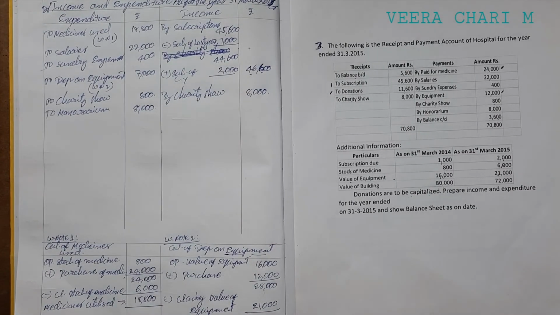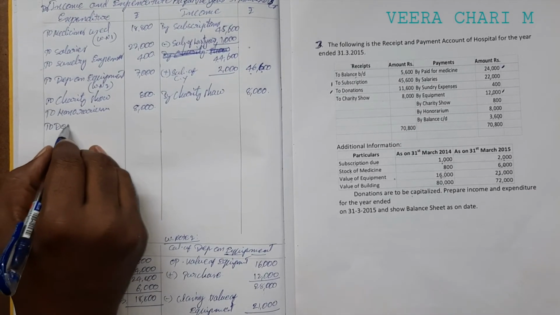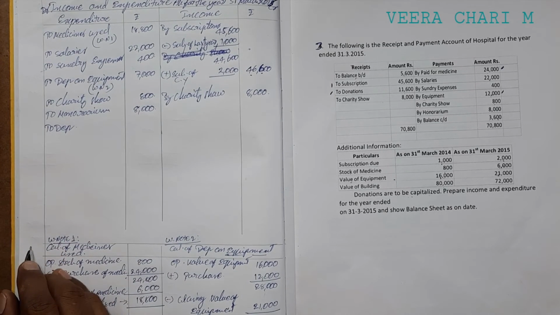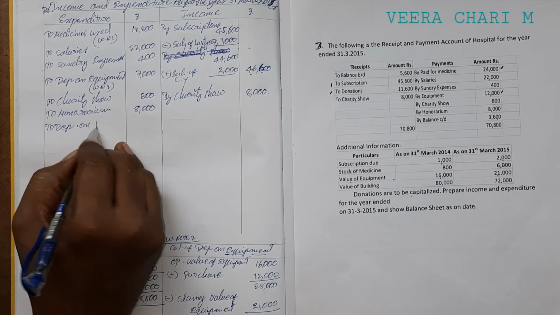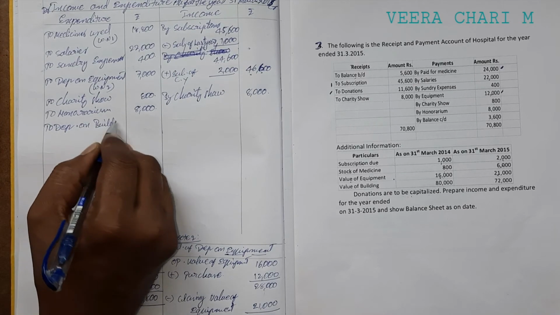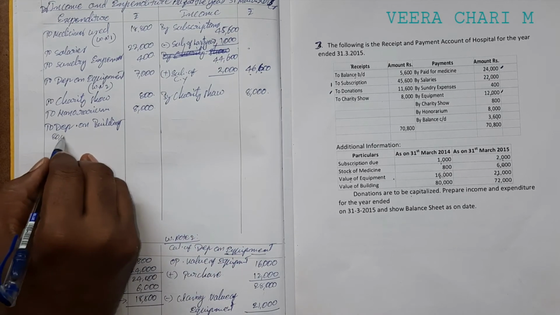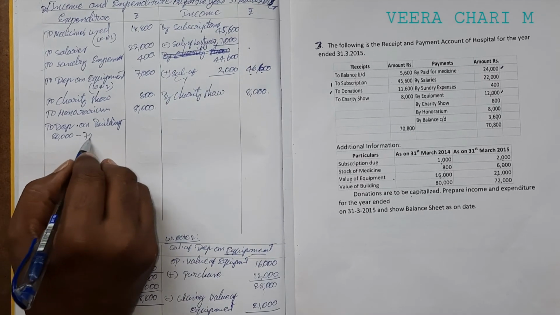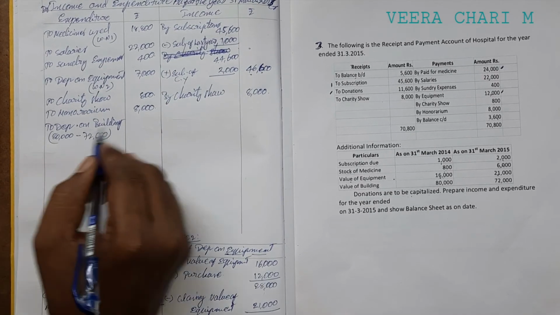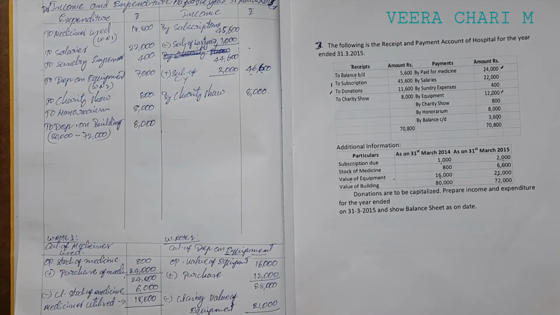Now you can enter depreciation on building, because the building is a fixed asset. On fixed assets we should calculate depreciation. So depreciation on building is 80,000 minus 72,000, which is equal to 8,000. That 8,000 difference is called depreciation of building.